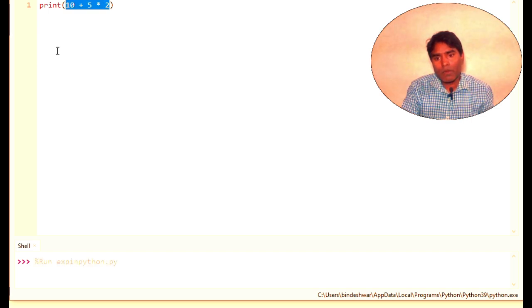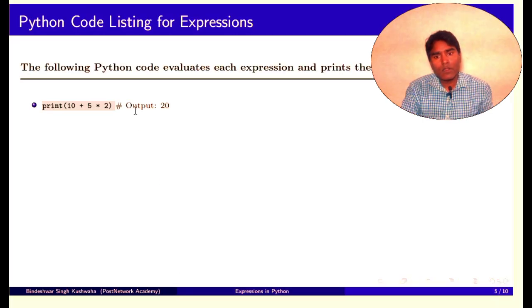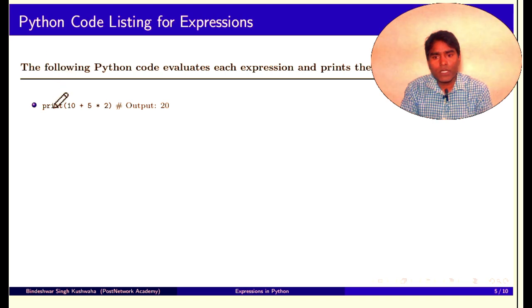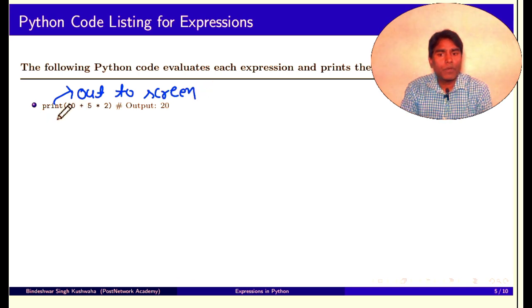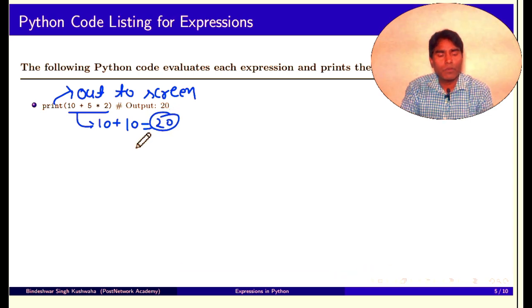Just run it and I will explain each line. That is 20. Here the print function in Python is used for sending output to the screen. Print simply sends what is inside the parenthesis. So 10 plus 5 into 2 is 20, and 20 would be printed on the screen.